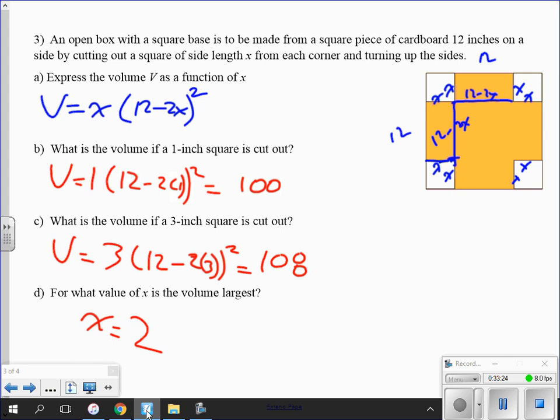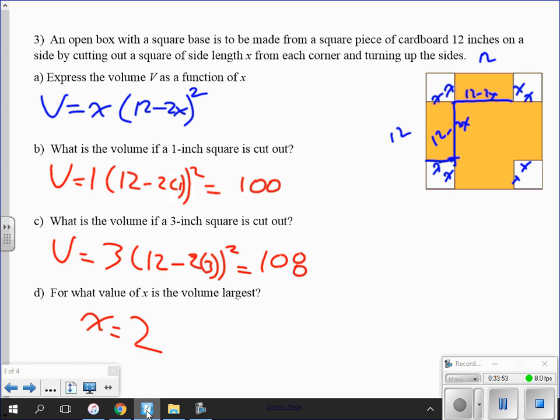Because if I let x be 6, I have 12 minus 2 times 6, which is 12 minus 12, which means I have nothing. So I have to be somewhere between 0 and 6. I cannot cut out more than 6. I cannot cut out less than 0. And if you look at your graph, it crosses at 0, it crosses at 6, and everything above is good, everything below has a negative volume. We do not have negative volumes, right?